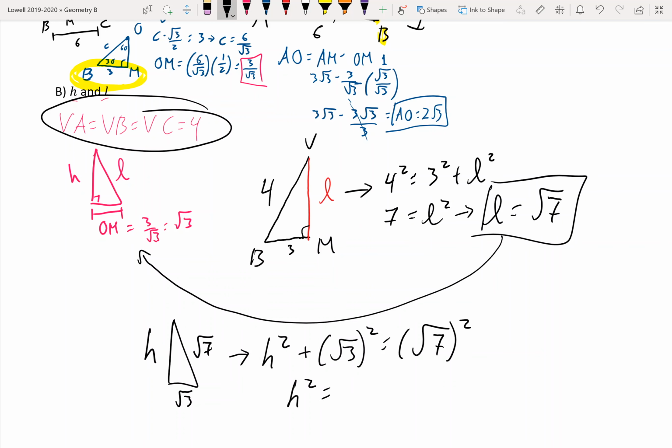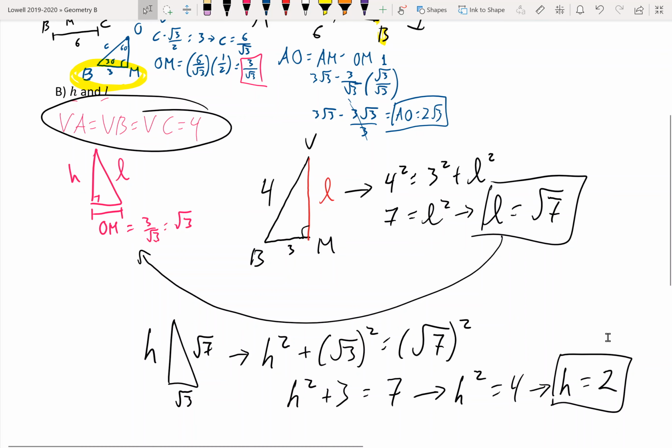H squared has to be equal to, oh sorry, the square root of 3 squared is just 3, and the square root of 7 squared is just 7. So that would mean that H squared has to equal 4, meaning that the height of this pyramid is actually equal to 2. Hopefully that made some sense.